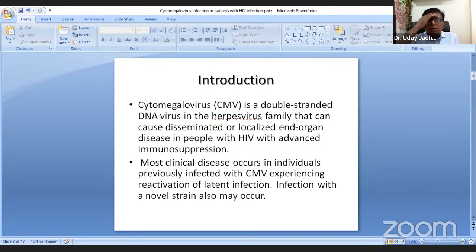CMV colitis also needs antiviral treatment. For this, we can use oral valganciclovir, which is effective in the short term as well as long term. So oral valganciclovir is a drug of choice.